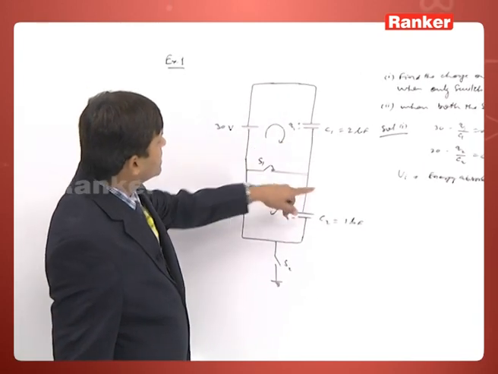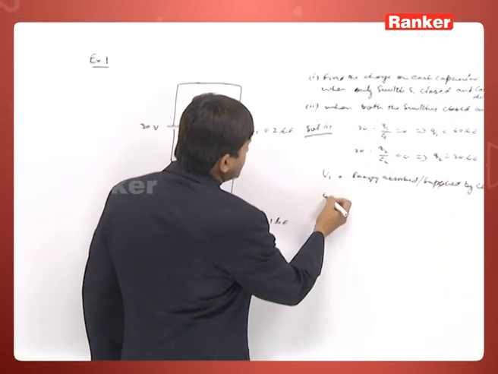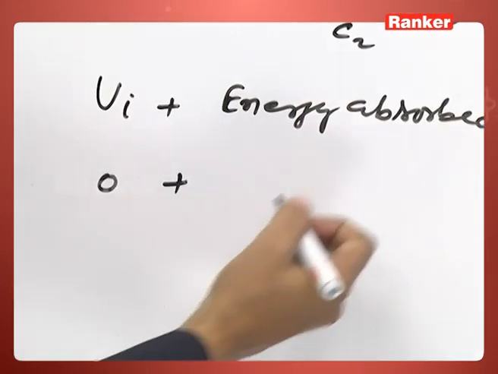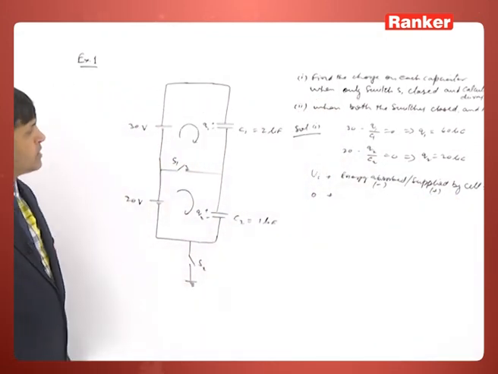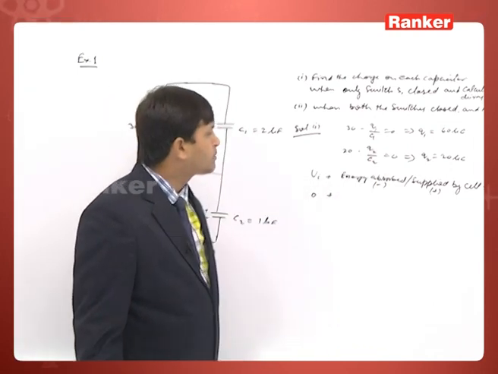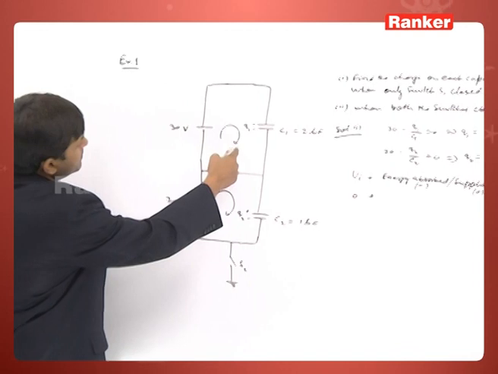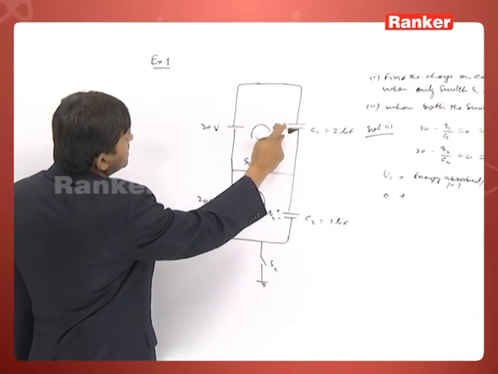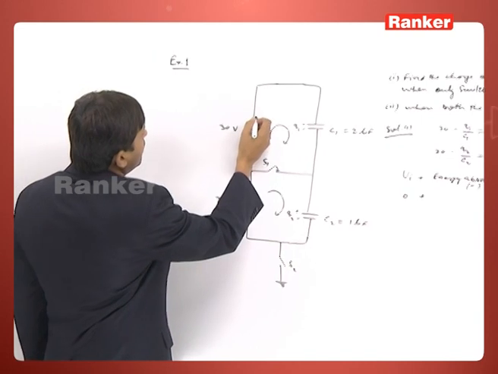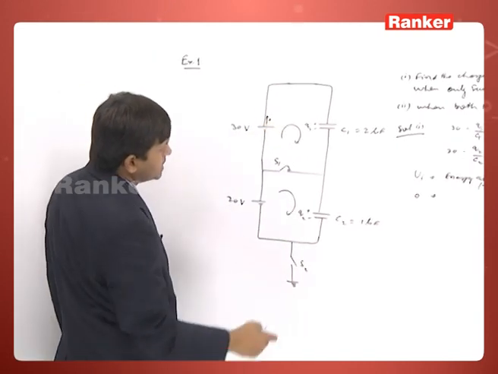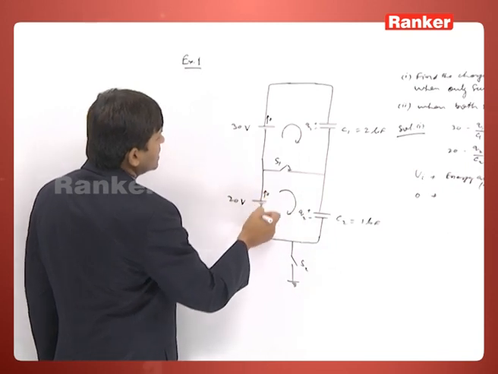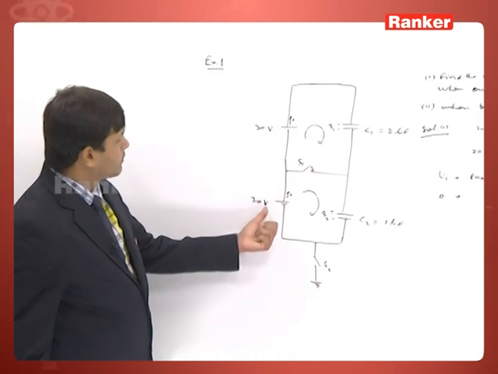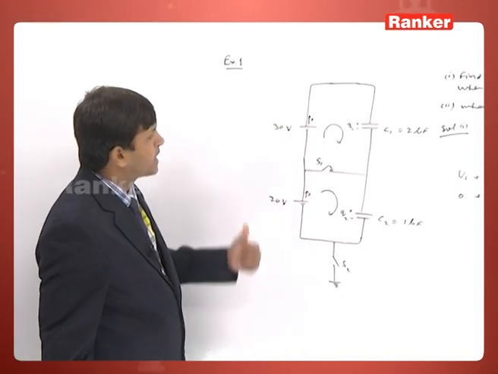Before closing switch S1, the capacitor does not have any charge, so initial energy is 0. As we know, energy absorbed is written as negative and energy supplied is positive. What we observe here is that when this capacitor becomes positively charged, it means positive charge has flowed through this. Similarly, if it has positive Q2, the positive charge has flowed through this. So in both cases of flow of charge, both cells are supplying energy.